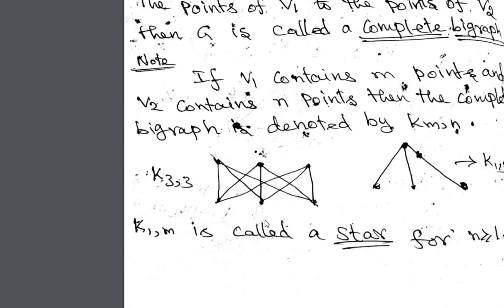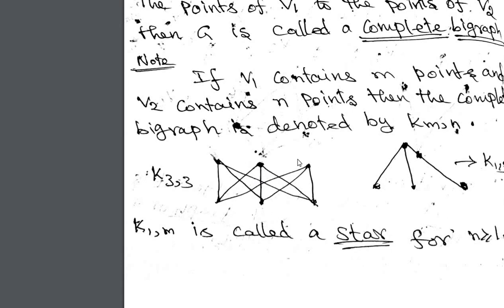Here are some examples of complete bipartite graphs. K3,3: vertices 1, 2, 3 form one set V1, and the remaining vertices V4, V5, V6 form V2. All the vertices of V1 are joined to all the vertices of V2. See here, this vertex is adjacent to these 3 vertices, and the middle point is adjacent to the remaining 3.